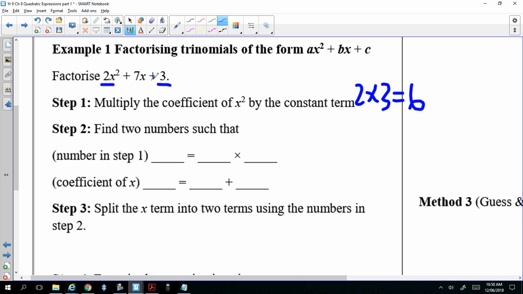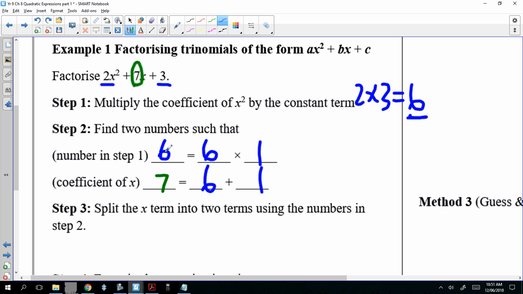Now, once you get that number, you have to find 2 numbers which multiply to get 6, and add to get 7. Times to get 6, add to get 7. It's 6 and 1.